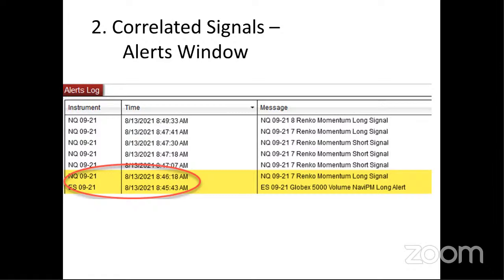You can see those signals came in within a few seconds of each other, 8:46 and 18 seconds on the NASDAQ and 8:45 and 43 seconds on the E-mini, so very close together. We also have the sound alerts too. So not only the alerts in the alerts window, but also sound alerts. Okay, so the sound alerts too are something you could turn on or off. Some people like them, other people don't. Okay, so you've got that.